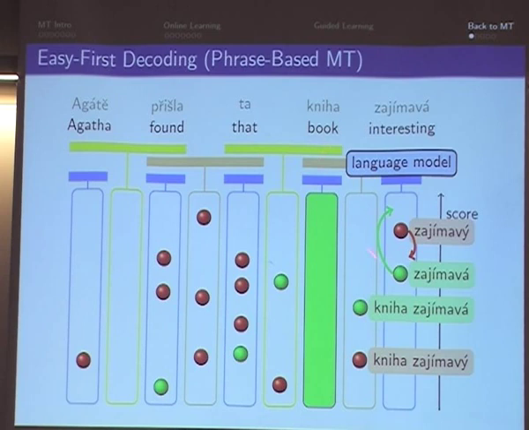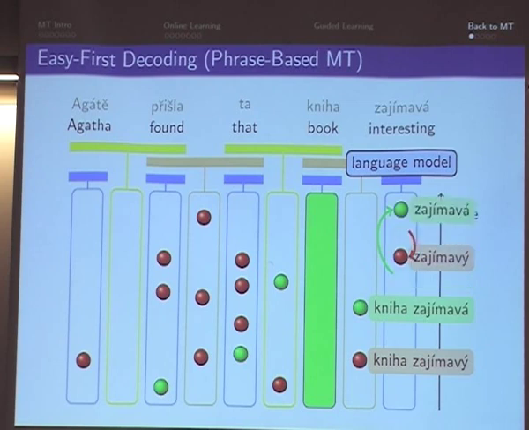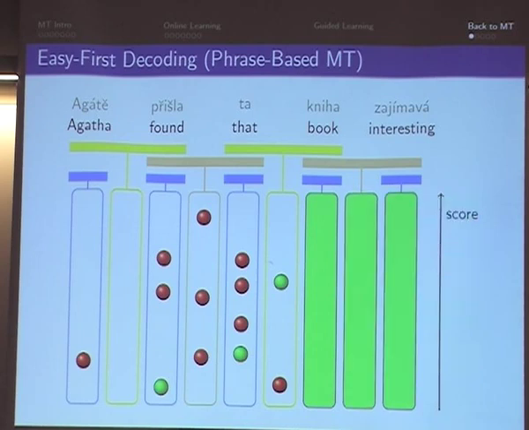Probably book is feminine, so this word will be boosted and this one penalized. So now this one is the highest scoring hypothesis, so we select this. And since we have selected this word and this word, then this is also implicitly translated. No incorrect hypothesis could be left there.